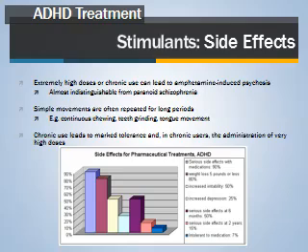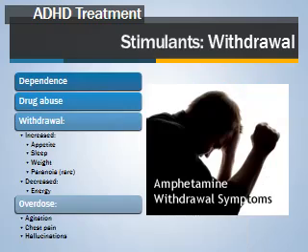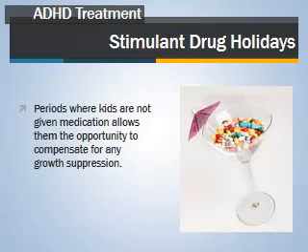The side effects can be psychosis and can even look like schizophrenia. Withdrawal can cause agitation and hallucinations if there's a lot of use. And finally, stimulant drug holidays are really important because they can suppress growth in kids, and since a lot of kids take them, it's important that they can get a break.